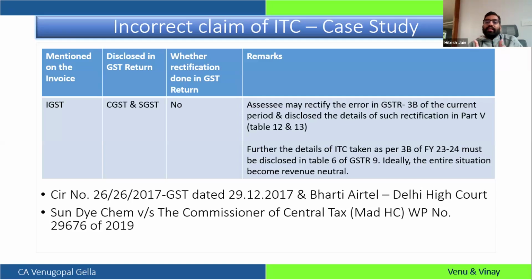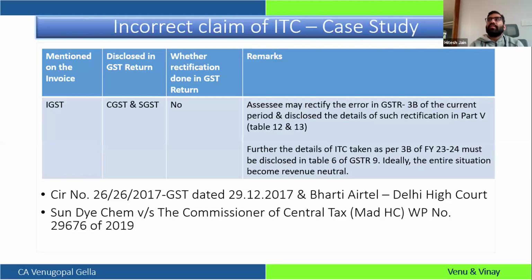Suppose we have taken the scenario to be in a way that we rectified the error in the subsequent period. So we will be reporting our figures in GSTR 9 in the correct pattern. In the IGST, CGST, we will increase our IGST ITC and we will reduce our CGST and SGST ITC.